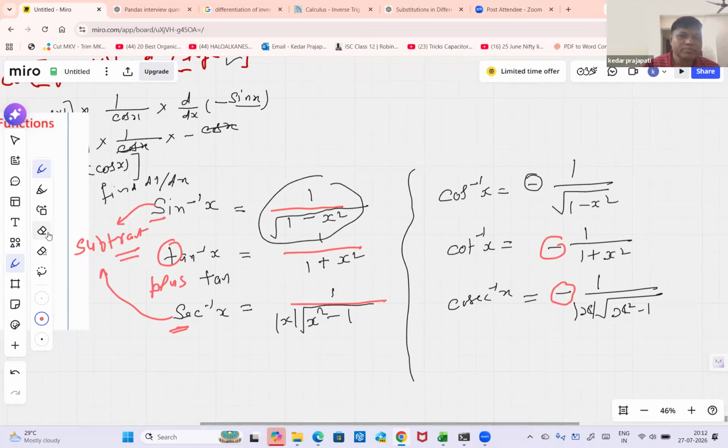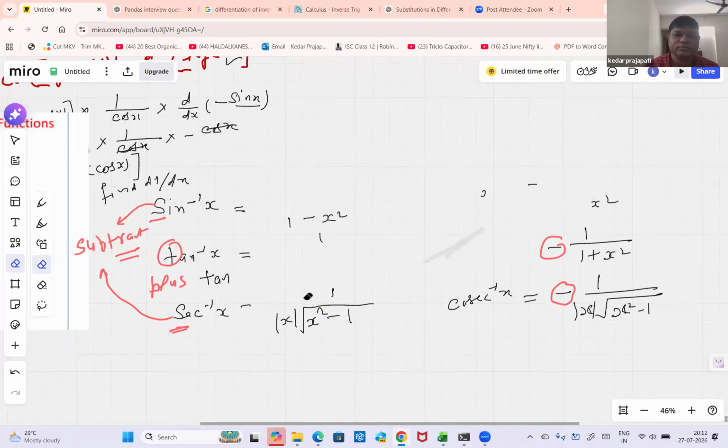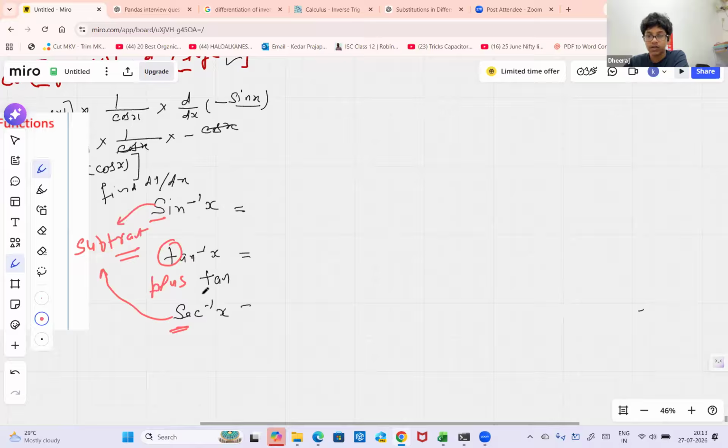Can we do one more time? Just tell me now. What will come in sine? 1 by 1 minus x square.